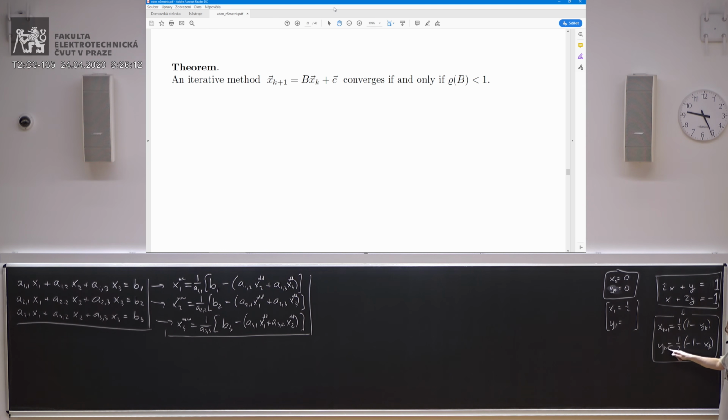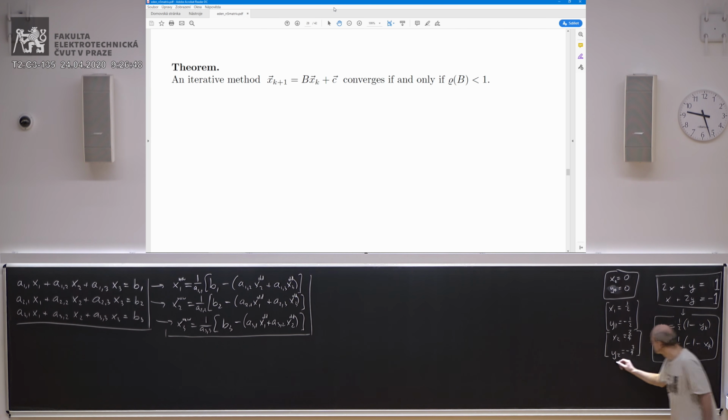And y1 will be 1/2 minus 1, which is -1/2. Wonderful. Let's see x2, y2. Well, x2 is y1, which is -1/2, and it's subtracted. So it's 3 over 2 divided by 2. It's 3/4. To get y, I take x, which is 1/2. I'm subtracting here, so it's -3 over 2 divided by 2. It's -3/4.